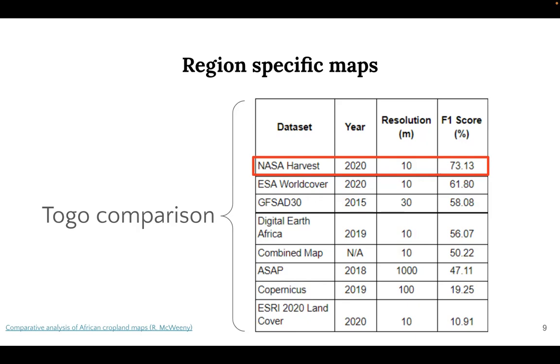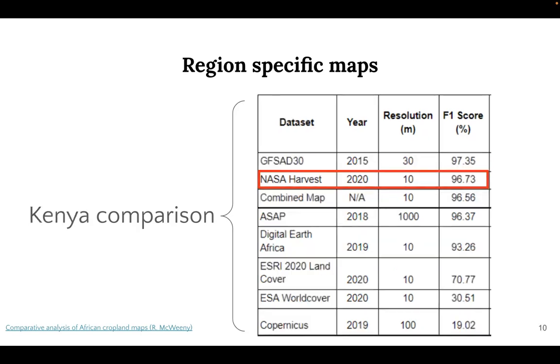We've done some evaluation comparing some of the maps that we've made to other maps, and have found that we've been getting a consistently high F1 score, which is a metric that we use to evaluate how good our maps are. We've done this for Togo. We've also done this for Kenya, and this is all available in a detailed analysis in the blog post linked at the bottom of this slide.